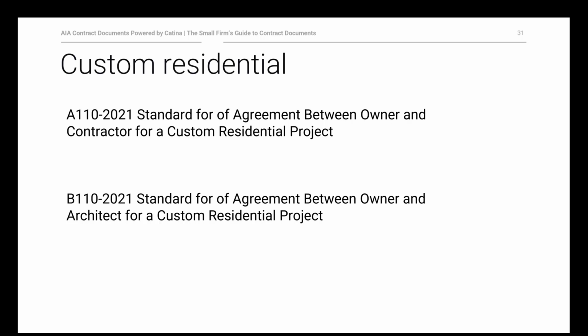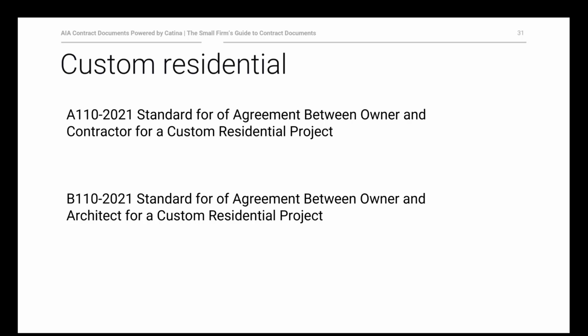and we think that small firms and others that work in the custom residential world will find them interesting and useful. They are significant contracts. We had a small working group that worked on them, and each of the members of that working group had a practice focused on custom residential work.